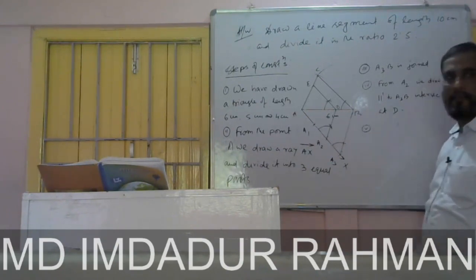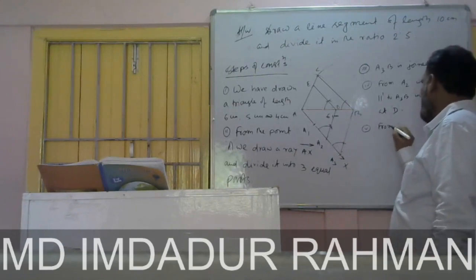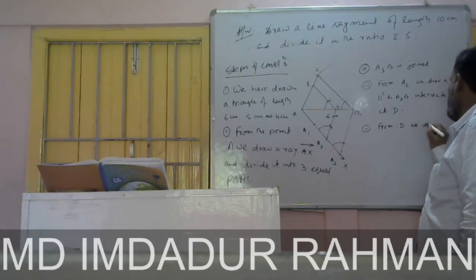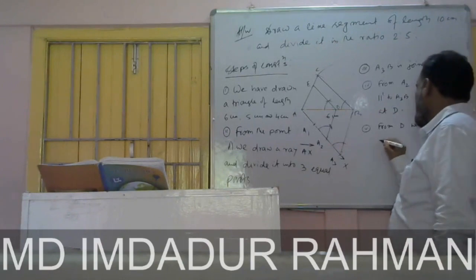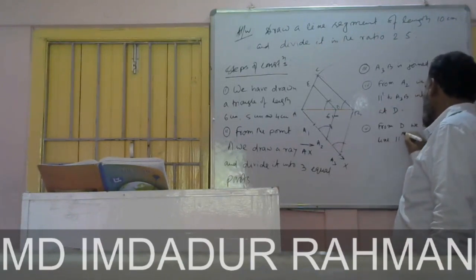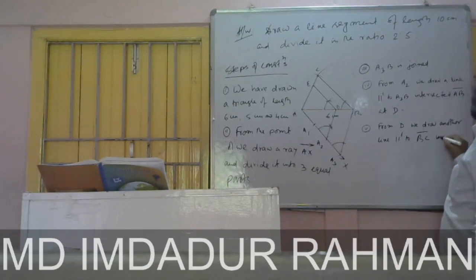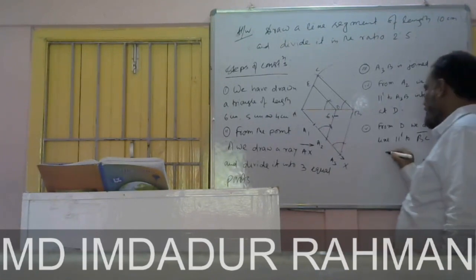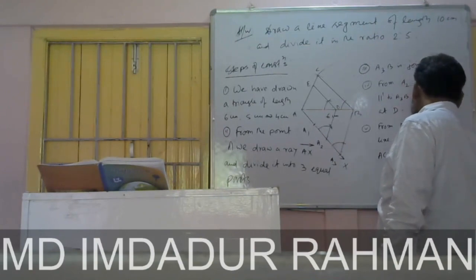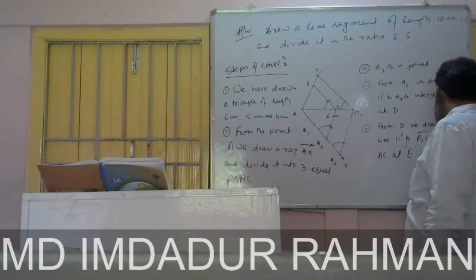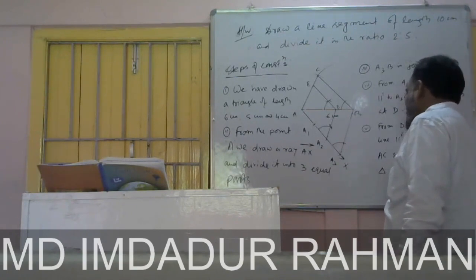Then fifth step, from D we draw another line parallel to BC, intersected AC at E, forming triangle ADE.